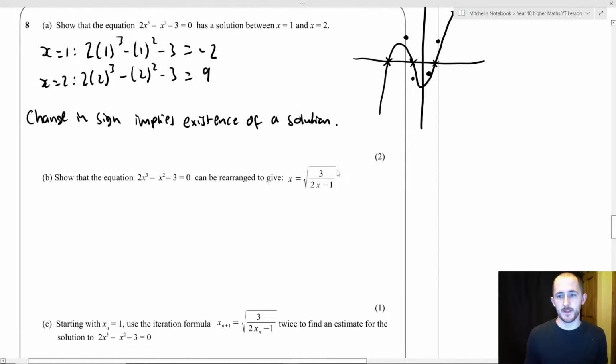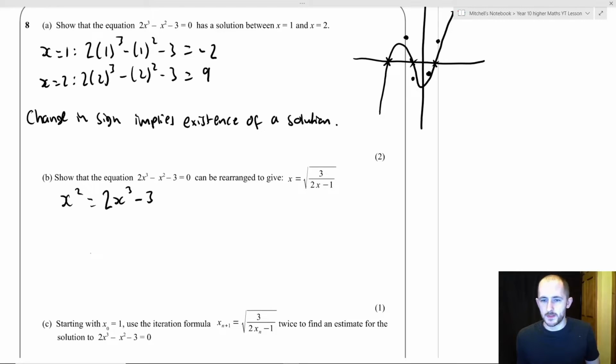Okay? So since there's a square root, this thing on this side is going to be the x squared here. So I'm going to move that x squared to the other side. So now I have x squared equals 2x cubed minus 3.